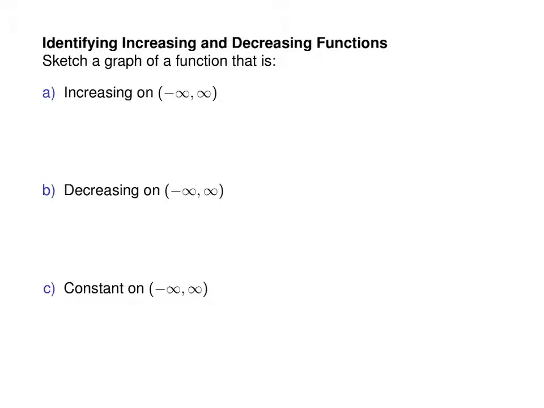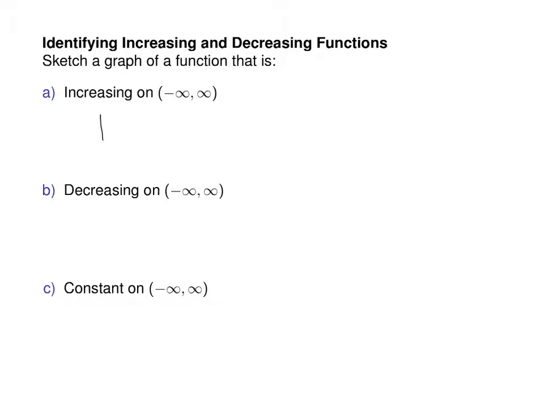One thing you're going to deal with a lot in calculus is determining when functions are increasing and decreasing. It turns out you can use calculus to find these things really easily. What you need to get out of this class is a way to look at a picture and see, okay, this function's increasing here, it's decreasing there, it's constant here. So what does increasing look like as you look at a picture? It goes up.